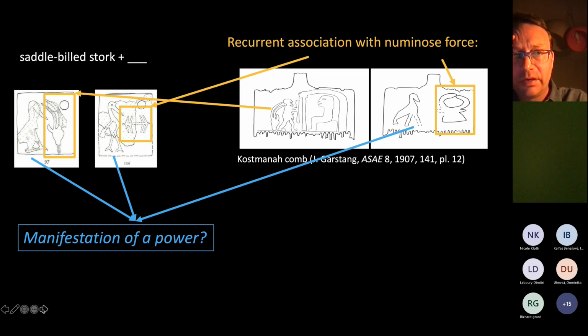So this saddle-billed stork is recurrently associated with emblems of numinous force, lending some credence to the hypothesis that the saddle-billed stork, a majestic animal, stands not linguistically, but if you wish, ideographically or iconographically, for a notion like the manifestation of a power, and then comes the power, be it the gazelle, the Min symbol, or the bat symbol.